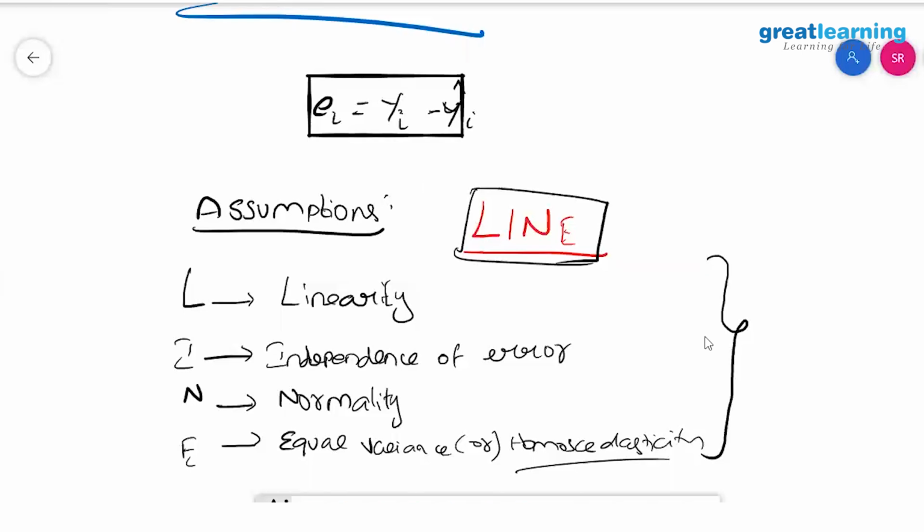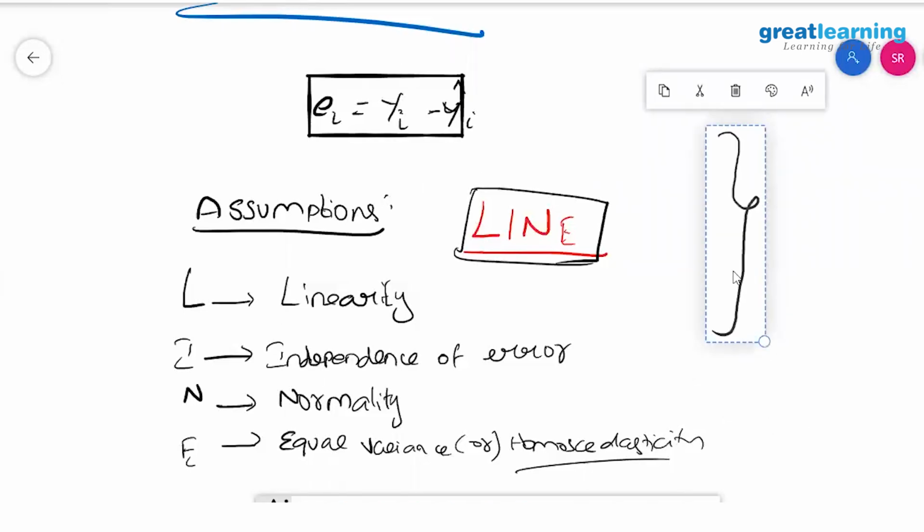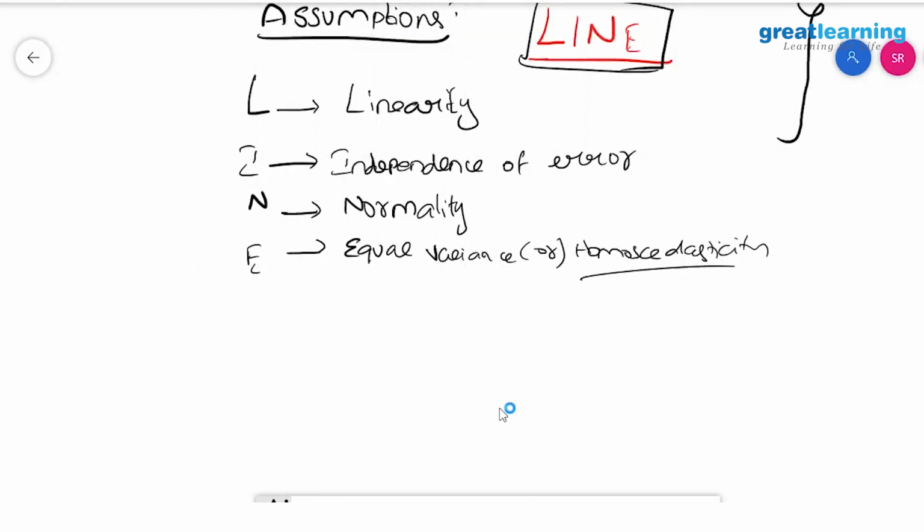All right. So what is linearity? As was covered in your video, what does linearity mean? There should be some correlation between the independent and dependent variable.